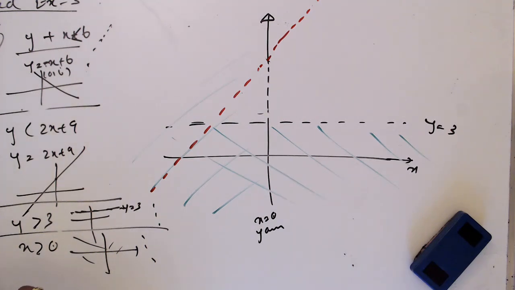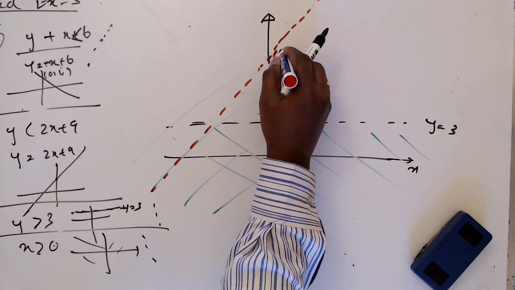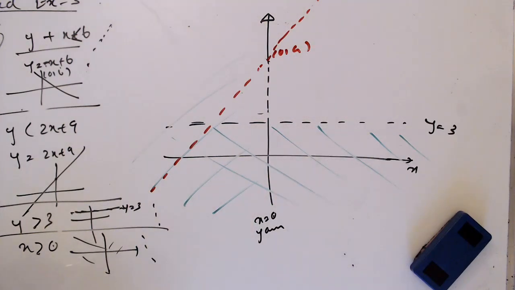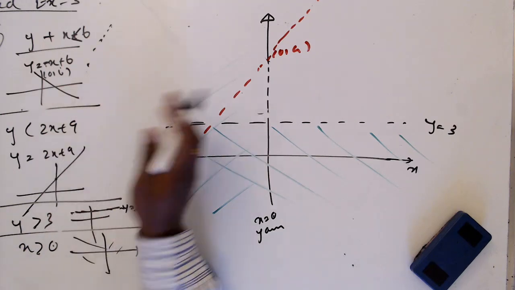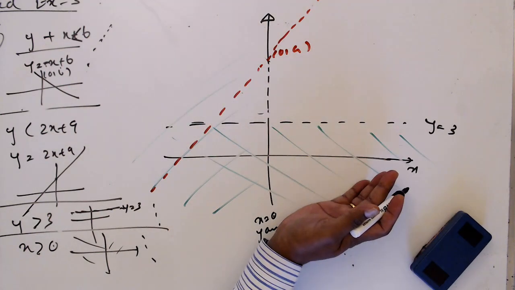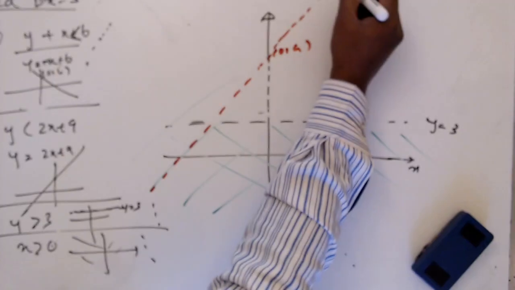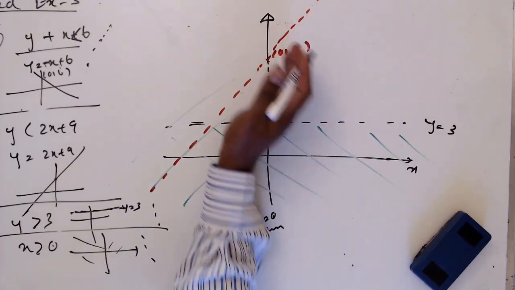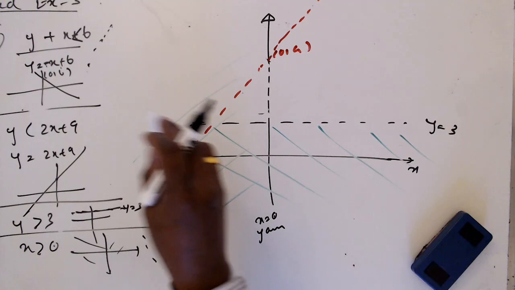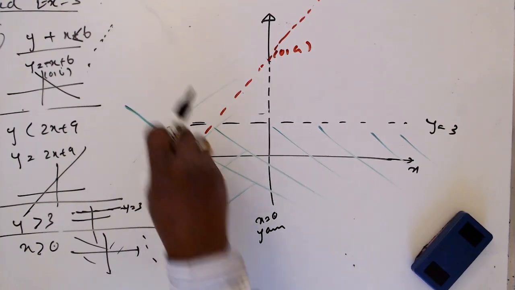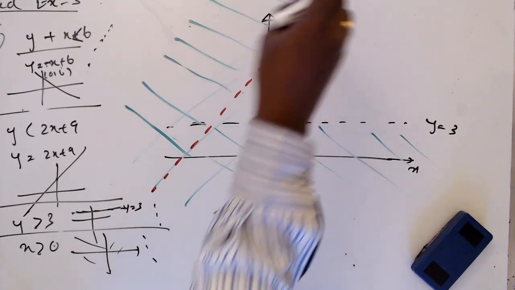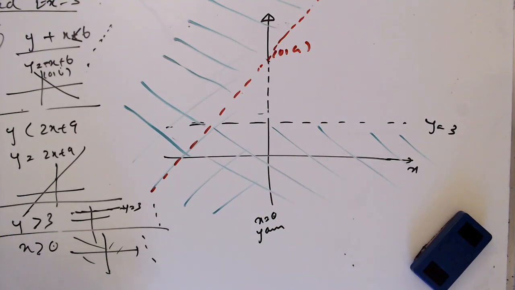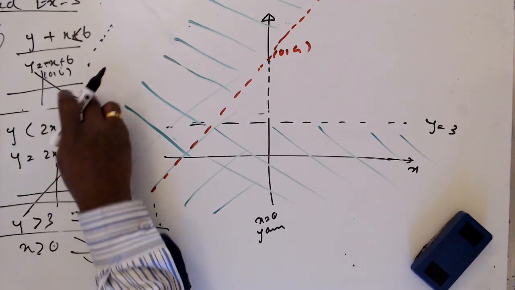So this value is (0, 9). Now we need y less than 2x plus 9, in this area. We don't need this area. I am coloring the unwanted area. Then what is the last one?